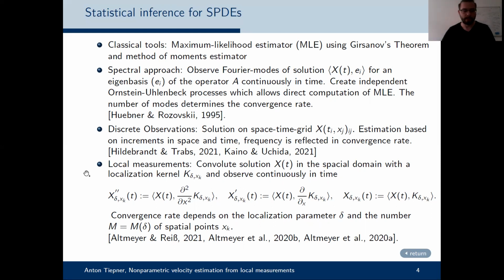And third, we can work with local measurements, which were recently introduced by Altmeyer and Reiß, who were interested in estimating the diffusivity. But we can also translate this to estimate the velocity.